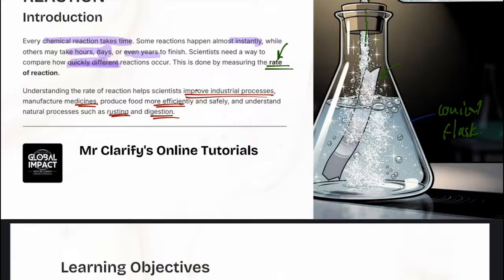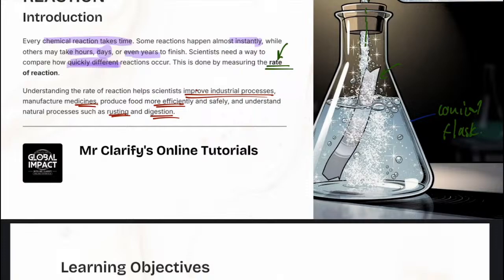If you want to know how to improve it, you must know how to see how fast it's happening. You should be checking how fast it's happening and improving that, and then you will be getting a better process. Are we together? So we need to know how fast this reaction is happening so we can start improving it.